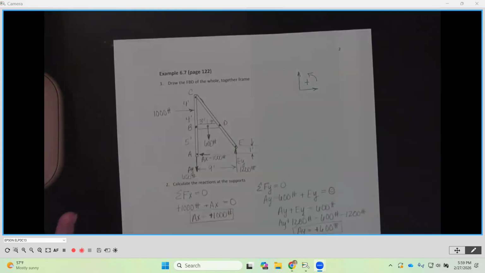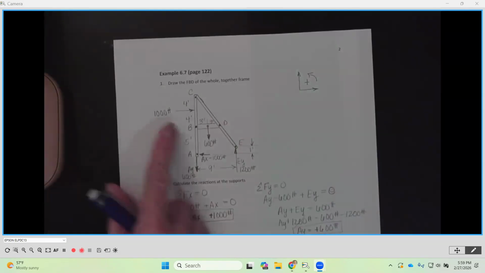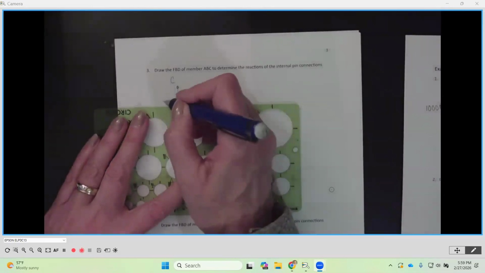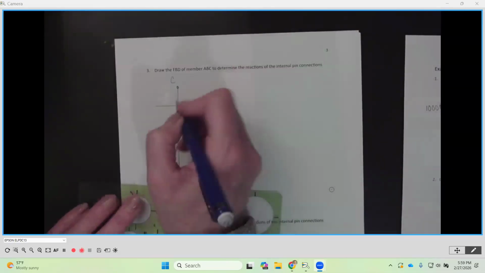So any external loads that we have, the 1,000, the 600, and the reactions at the supports are going to stay in their same orientation, okay? Same orientation. So I'm going to put those on first. I know that I have 1,000 pounds going to the right.